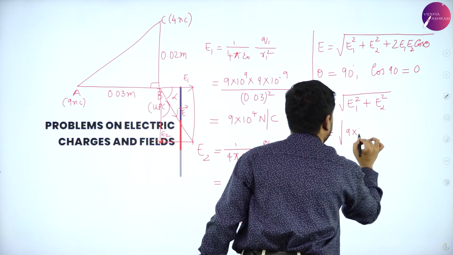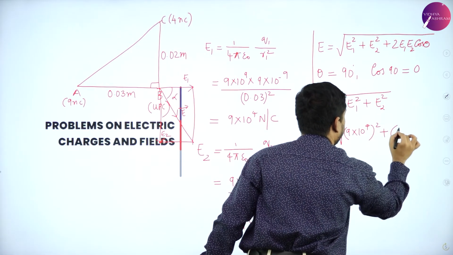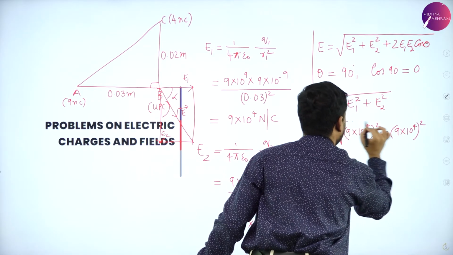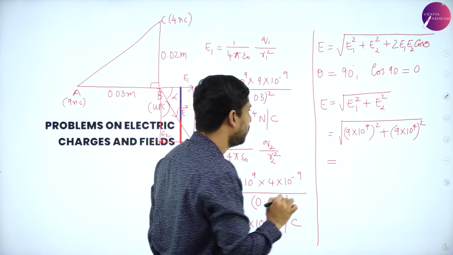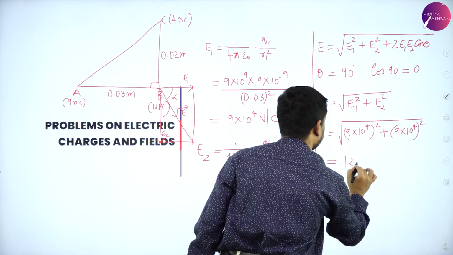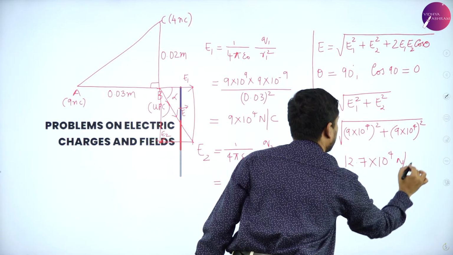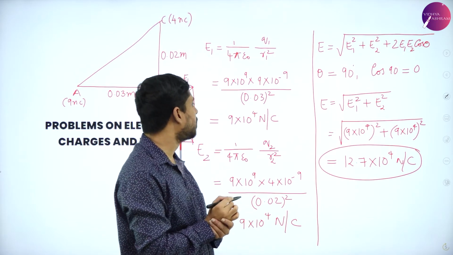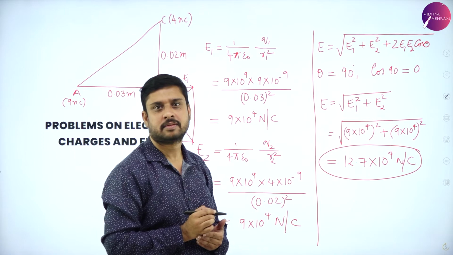9 into 10 power 4 whole square plus 9 into 10 power 4 whole square. So this is again 12.7 into 10 power 4 Newton per coulomb, and this is the magnitude of the resultant.